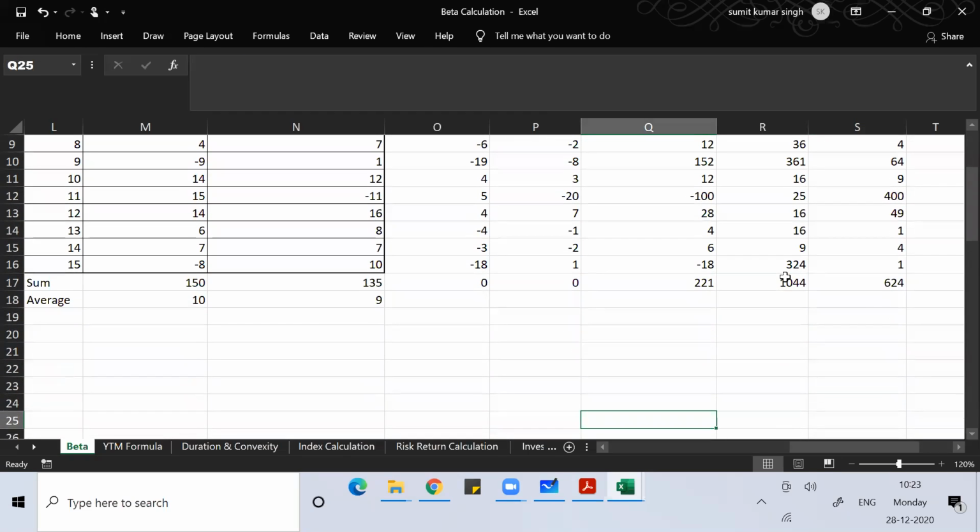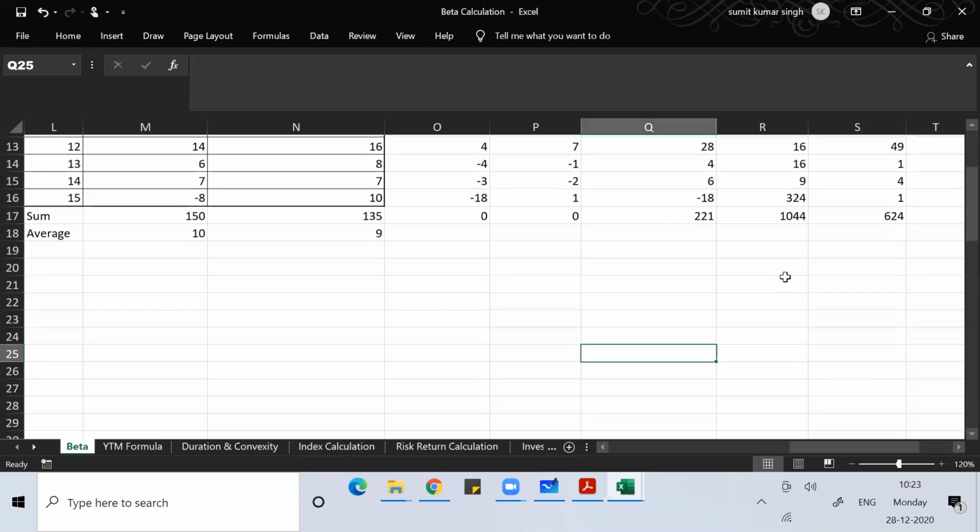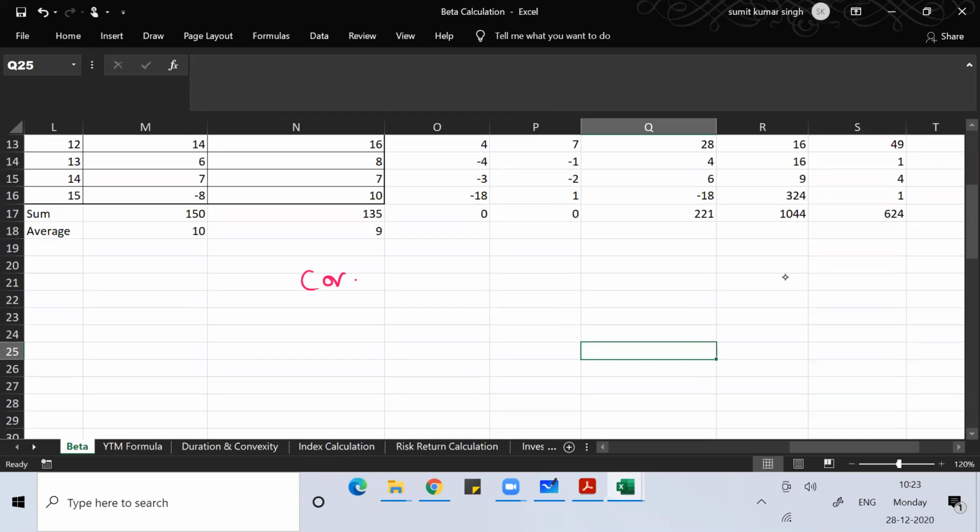With this, I can find the covariance between stock and market. The formula for that is one over n times the summation of S minus S bar into M minus M bar.